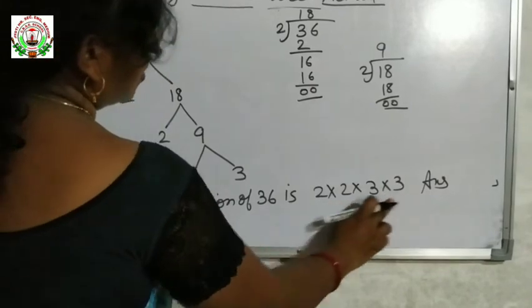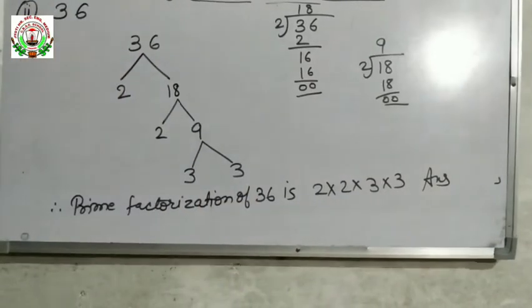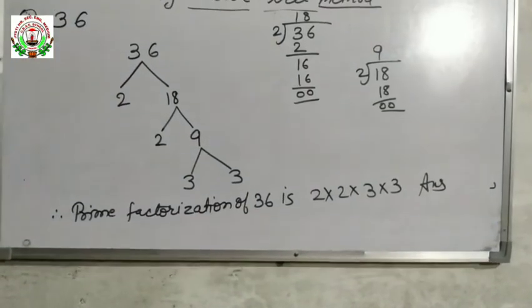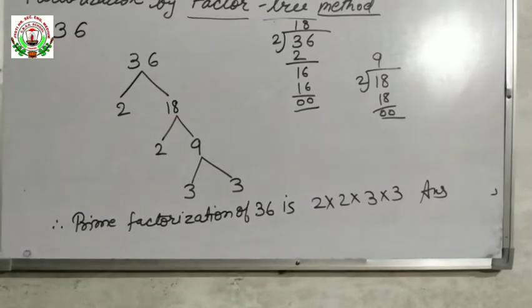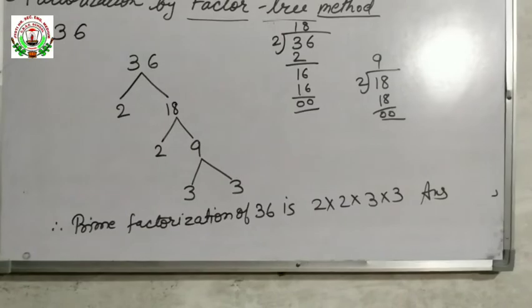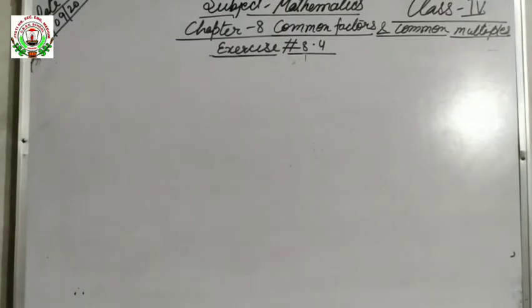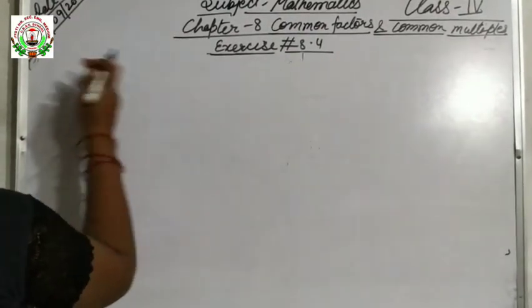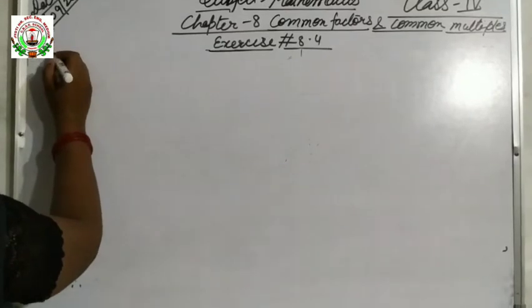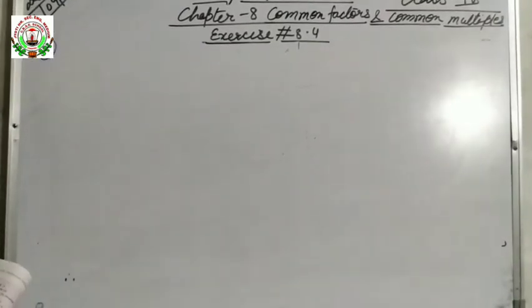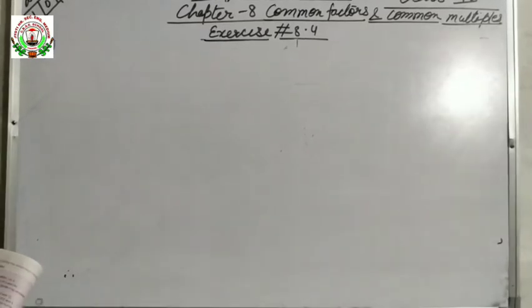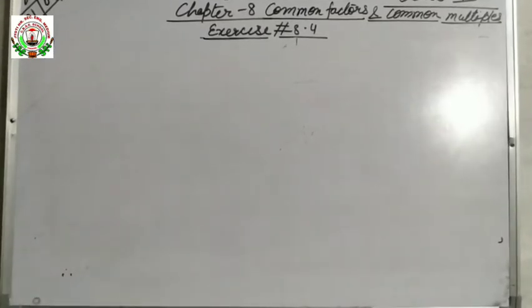So this is the prime factorization of 36. Understood? So two methods we have learned: number 1 is the division method and number 2 is the factor tree method. Now let us start exercise 8.4, question number 1: find the prime factorization of 60 by division method and factor tree method.